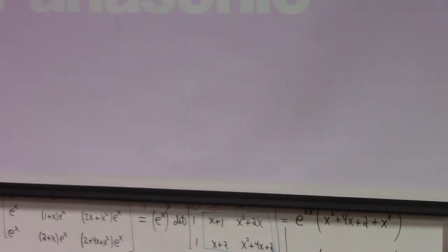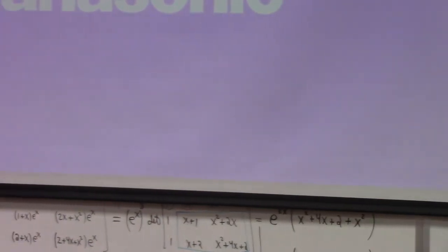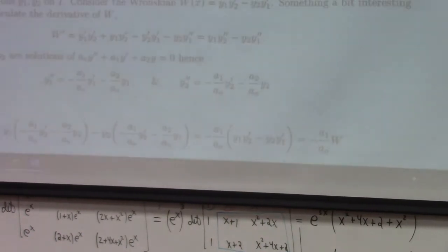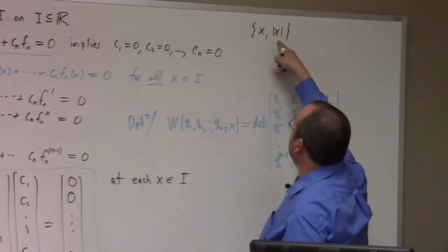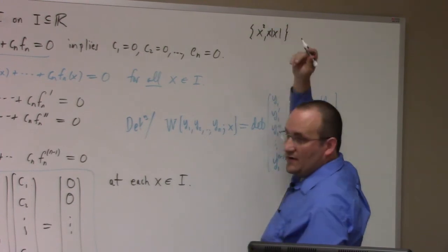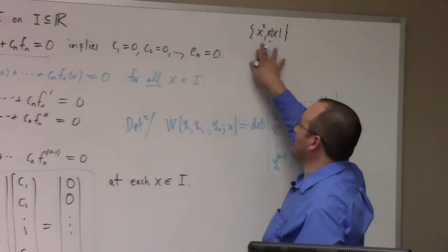While we're waiting for this to load up, the trouble with things that are not solution sets, check this out. I could have the function x and the function absolute value of x. I should say x squared and x times the absolute value of x, these are both differentiable.